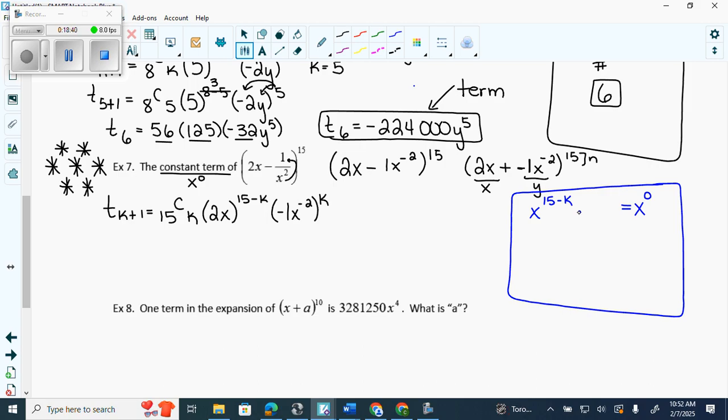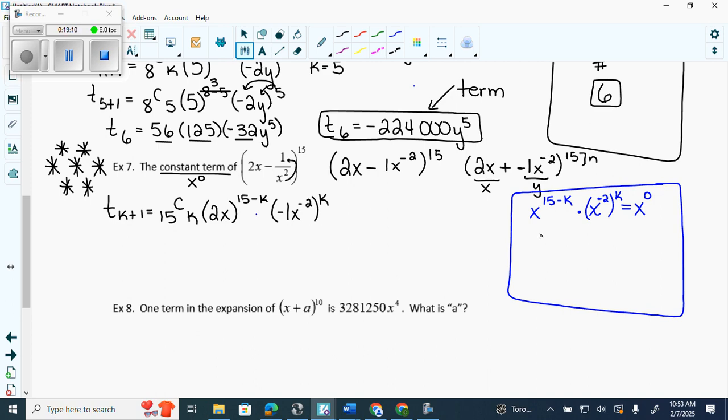Do you see that? I'm just taking the x's out. X to the negative 2 times k. So I'm literally just pulling those x's out, and I need it to be x to the 0, because that would make it a constant. That would make my x's go away. Do we see what I did here? I just took the x to the 15 minus k, and it's being multiplied by x to the negative 2k, technically. I just pulled the x's out. Do we agree? Did nothing crazy.